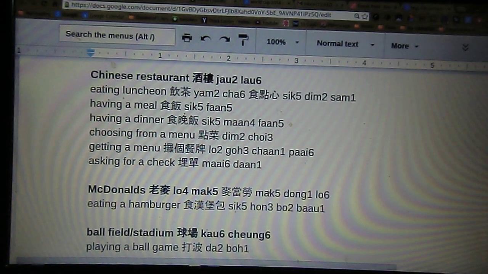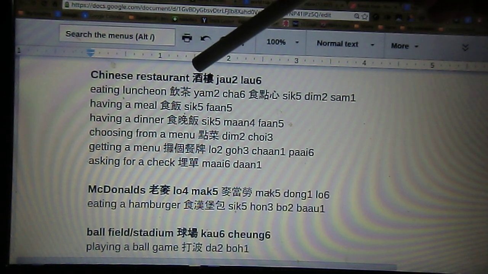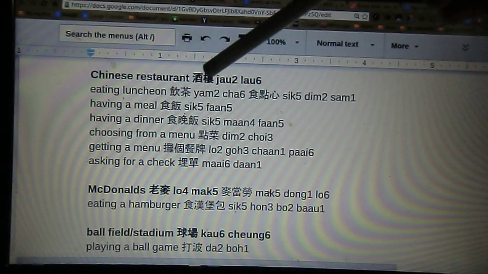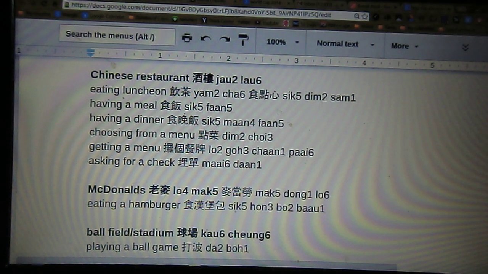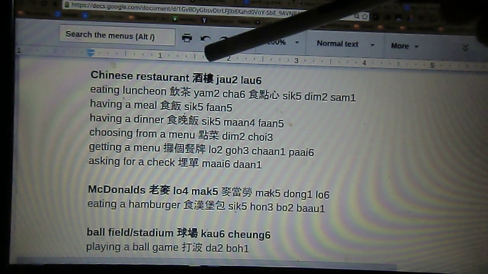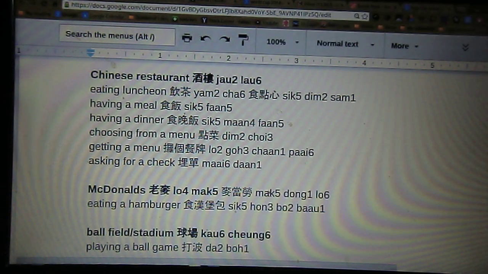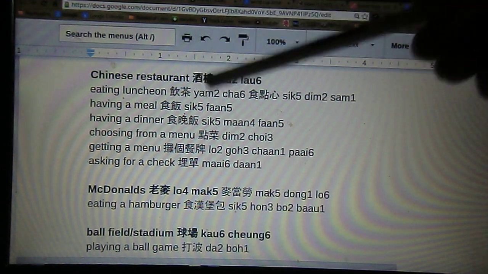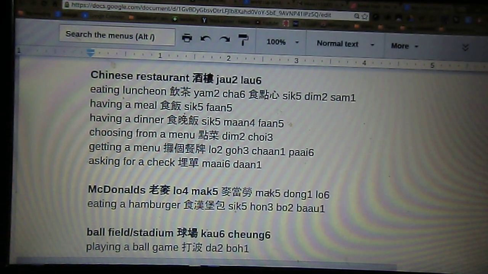And we have 酒樓. 酒樓 is Chinese restaurant. But then 酒 actually means alcohol, wine. 樓, in the old days, a building normally is built by wood. But nowadays, of course, it's not built by wood, but we still use the word 樓. Whether it's concrete or wood, we call it 樓. 樓 actually is a building.